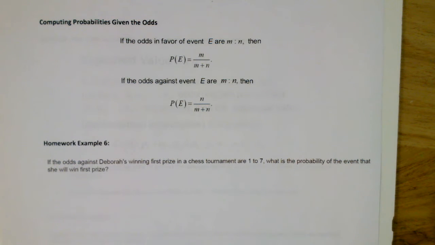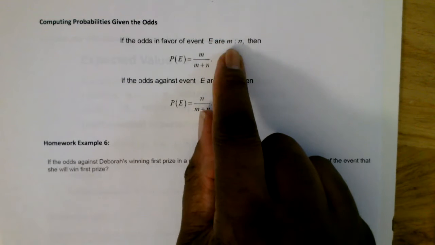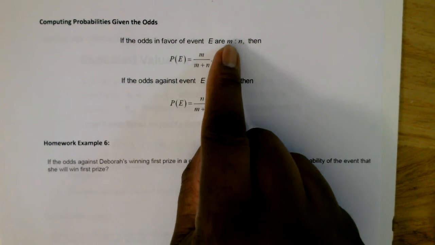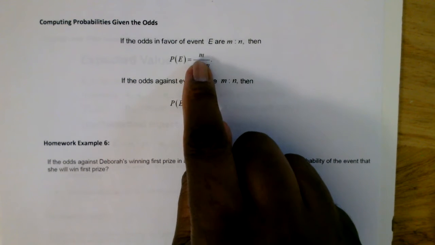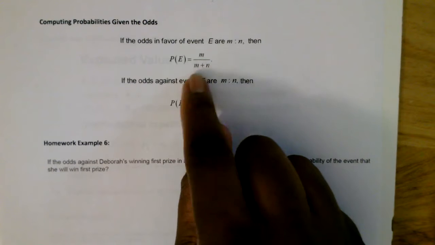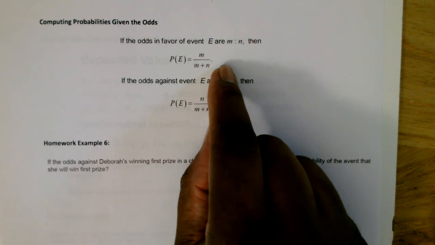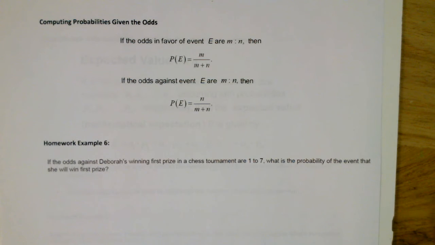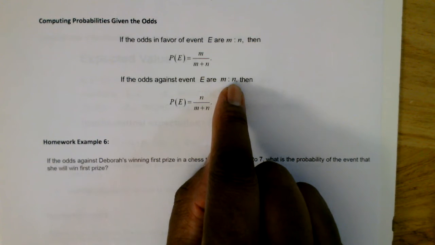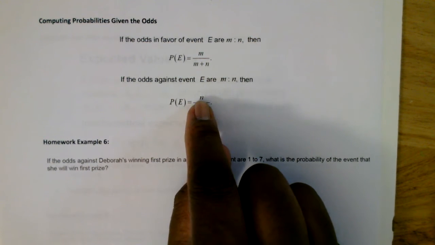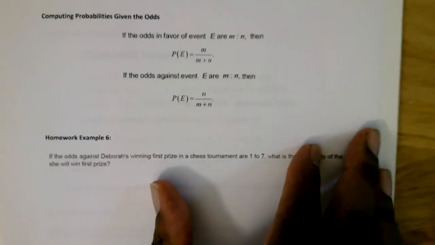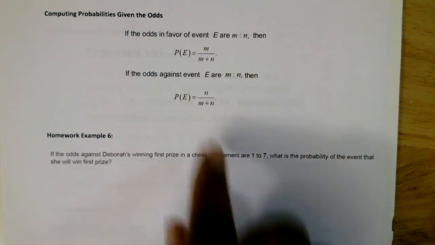If the odds in favor of event E are M to N, then the probability of event E occurring would be the first number, the one in front of the colon, as your numerator, divided by the sum of the two numbers, M and N. And if the odds against event E are M to N, this time it's the second number after the colon, the N, that goes in the numerator. That's going to be divided by the sum of the two, M plus N.